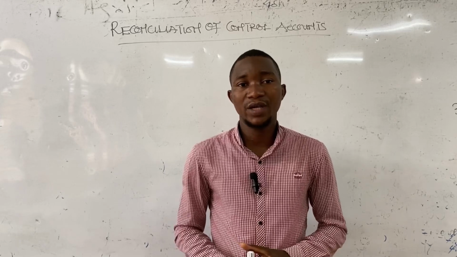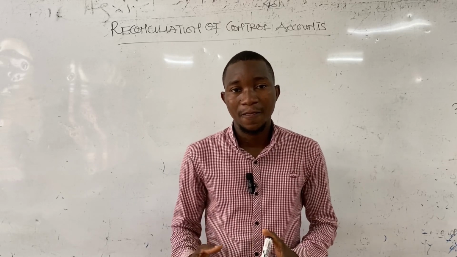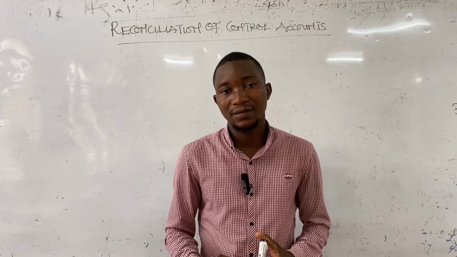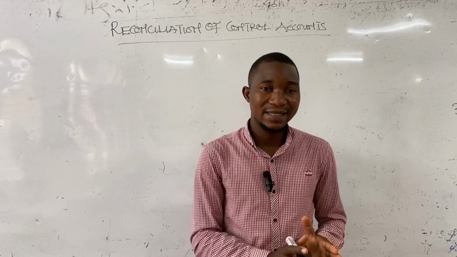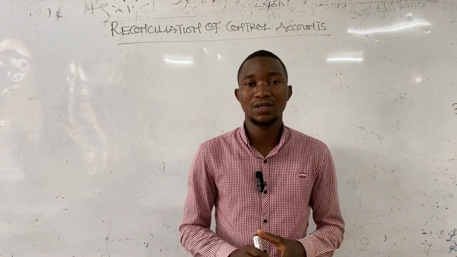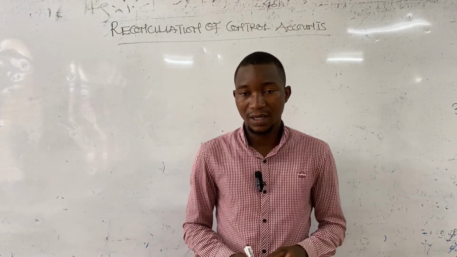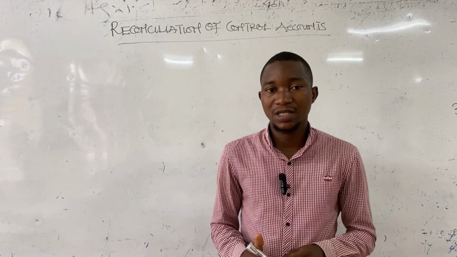In other words, it is the process of ensuring that the total of the closing balance of all debtors and creditors accounts agrees with the control account closing balance. Is that okay? To really understand this, let me take you through this concept.